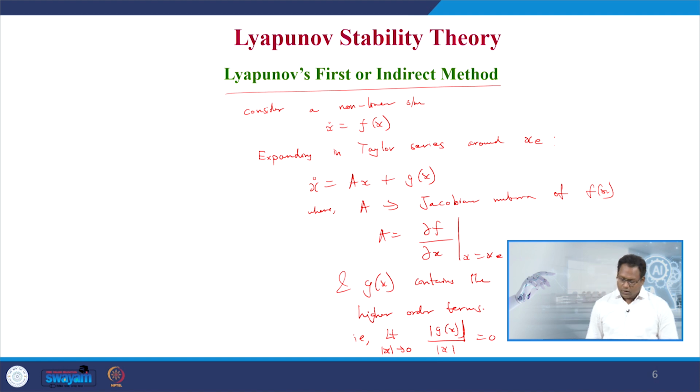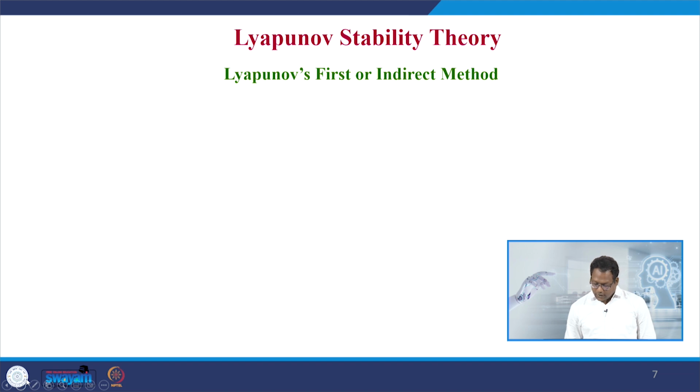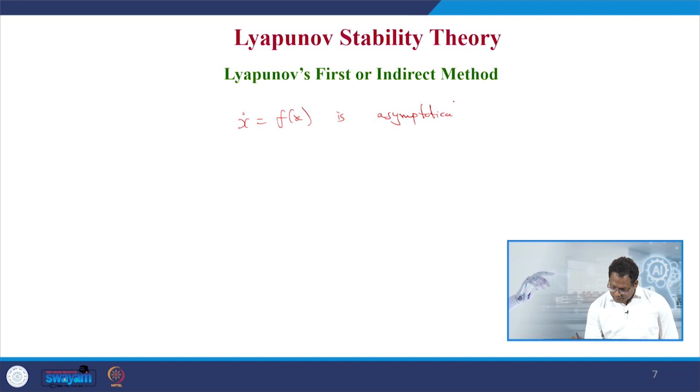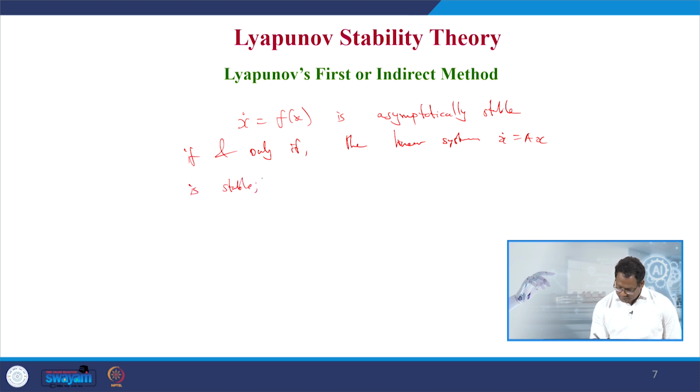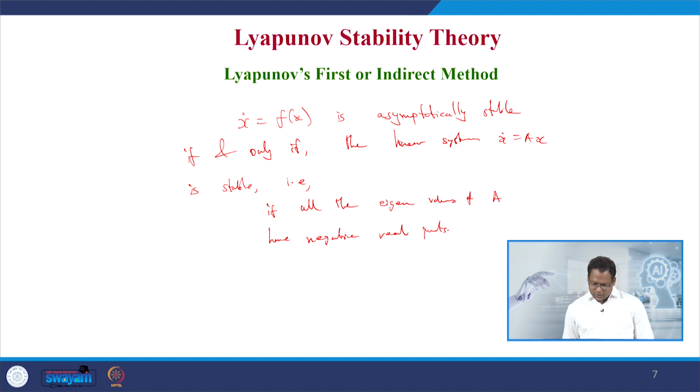So, when we have the nonlinear system linearized to give x dot equal to A x plus g of x because of the Taylor series expansion, then the nonlinear system is asymptotically stable if and only if the linear system, that is x dot equal to A x, is stable, that is if all the eigenvalues of matrix A have negative real parts, then we can conclude that the system x dot equal to f of x is asymptotically stable.